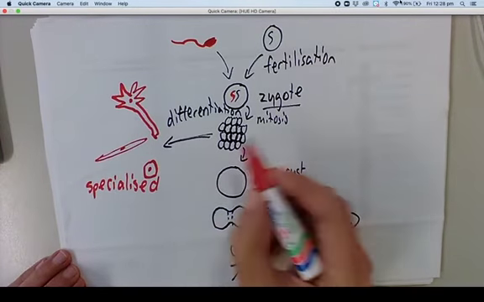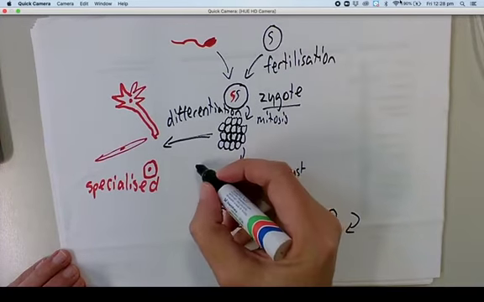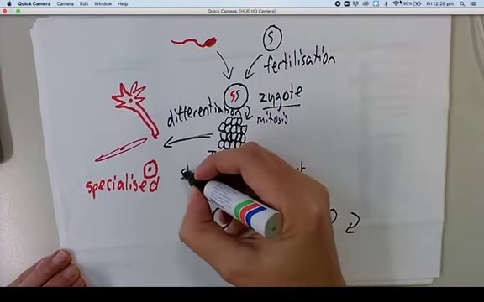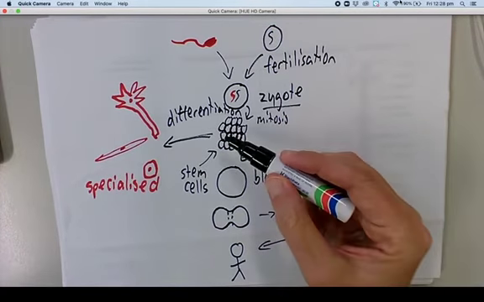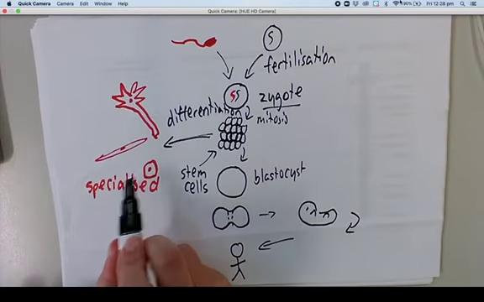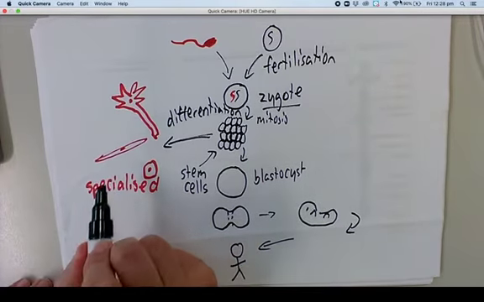And the original cells, you might be familiar with the idea of stem cells. So they're the cells in our body that haven't undergone this process of differentiation yet, so they're not yet specialized.